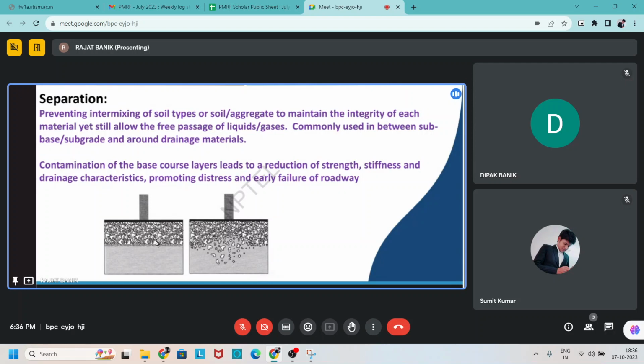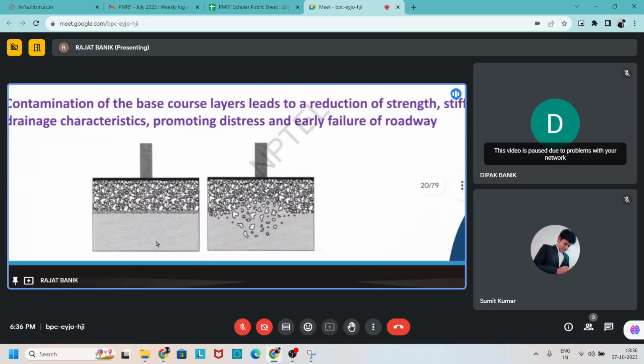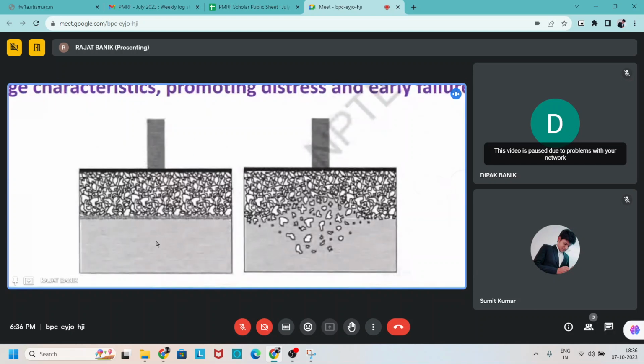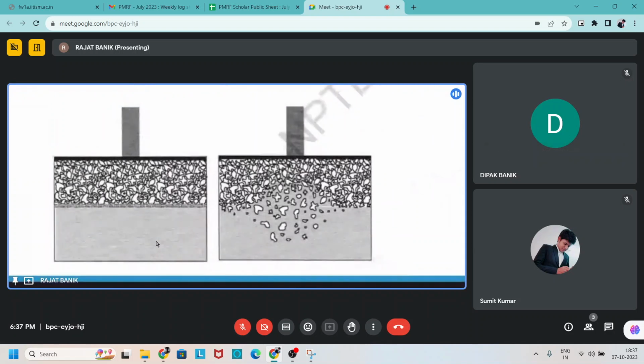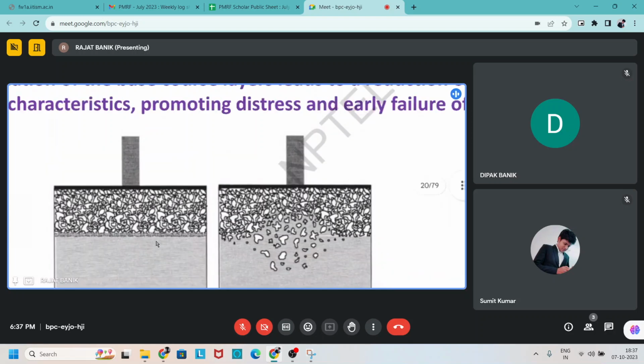You can see the figure showing the function of geosynthetic material as a separator, but in the second figure there is no geosynthetic material as a separator. So intermixing of the particles, that means the coarse and fine particles intermix with each other, and in this way the pavement above fails.